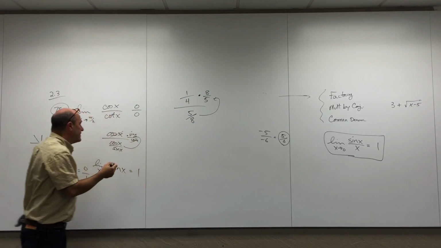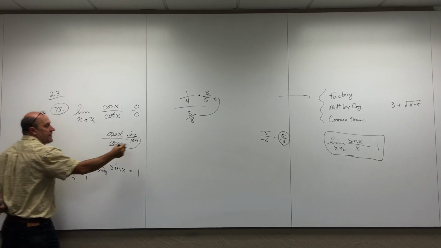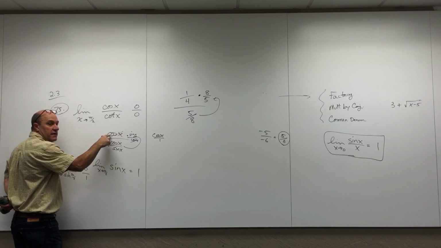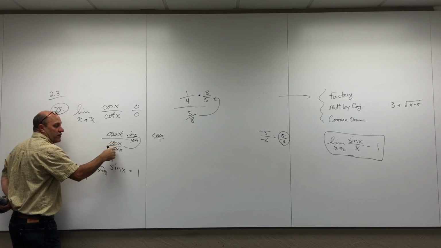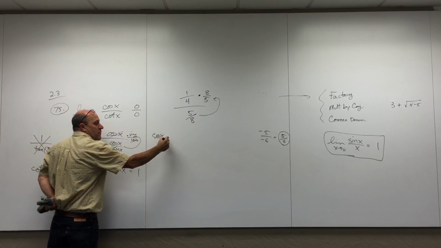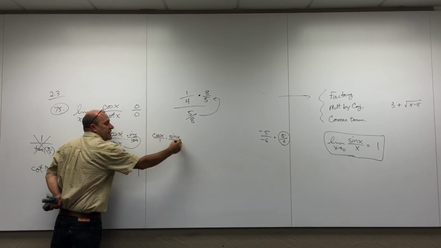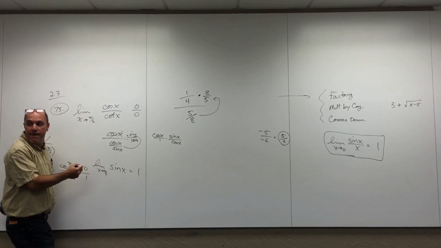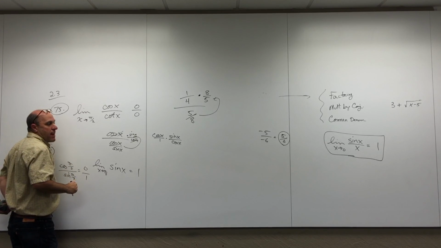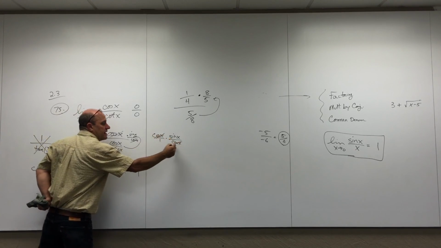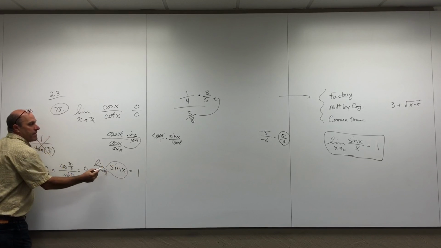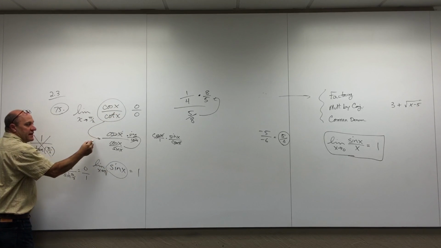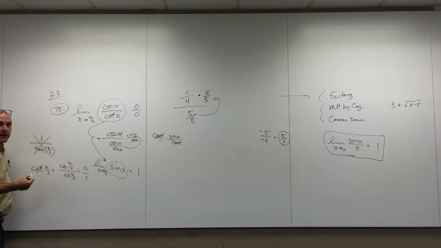This was a cosine over 1, divided by a cosine over sine. So when I flipped it up, I'm multiplying by a sine over cosine. Then it canceled, and it left me with this. Using this identity, it turned into this.